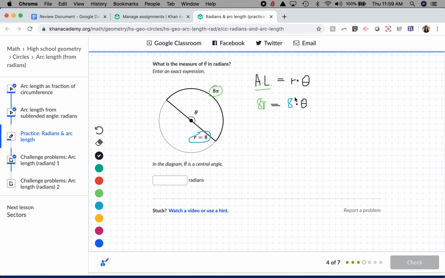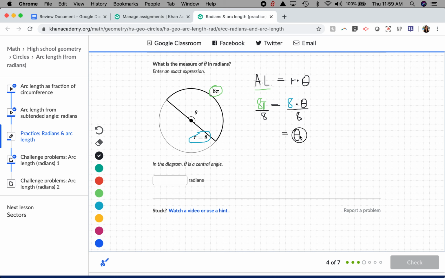Now if I want theta by itself, that means I have to do the opposite operation that I see here. Currently theta is being multiplied to 8, so I'm going to do the opposite, which is division. I'm going to divide both sides by 8. Well, 8 divided by 8 becomes 1, so this simply just becomes theta.